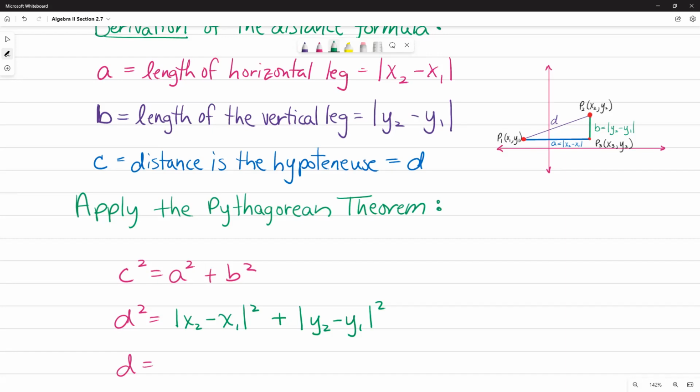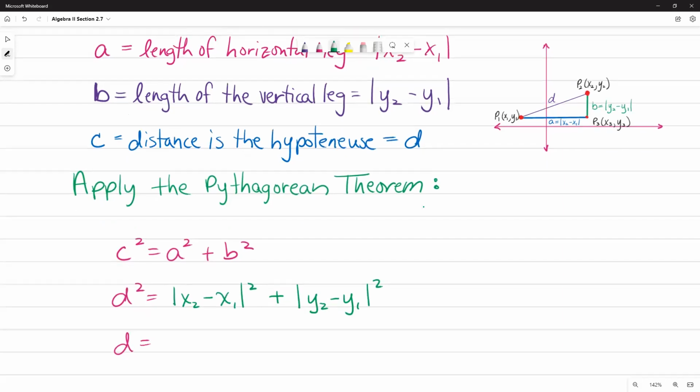So for your final equation, we don't want to square the distance, so we have our radical, our square root. It cancels on D, but it can't cancel on the A and the B because they're being added together.